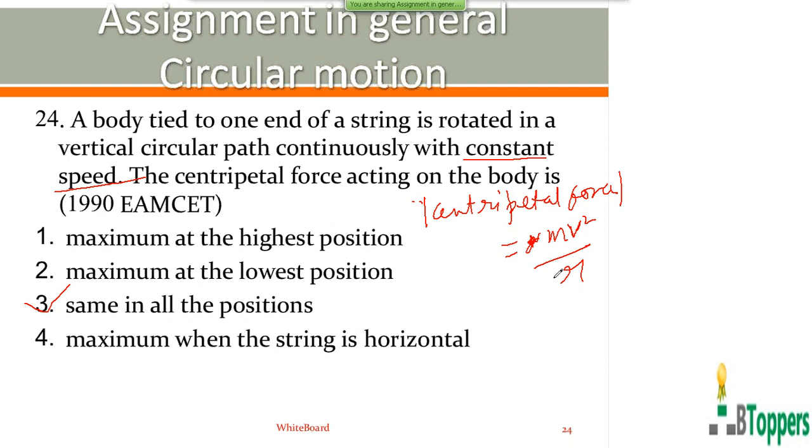That means in this case, the total mechanical energy of the body does not remain constant during the motion in a vertical circular path, because speed is constant, meaning kinetic energy is constant, but gravitational potential energy of the bob does not remain constant, as the height of the bob above the ground continuously changes during the motion.